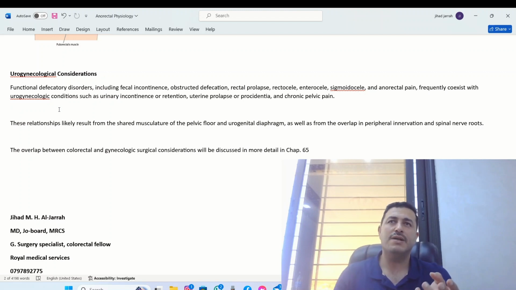This may be explained because they share a common embryological origin, they share the same muscles of the pelvic floor, and there is overlap in innervation.